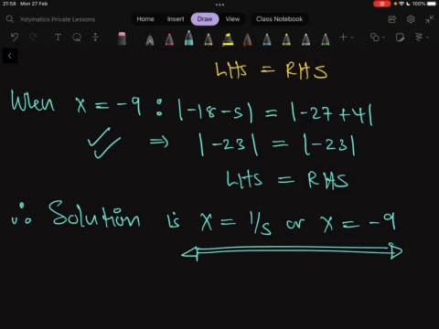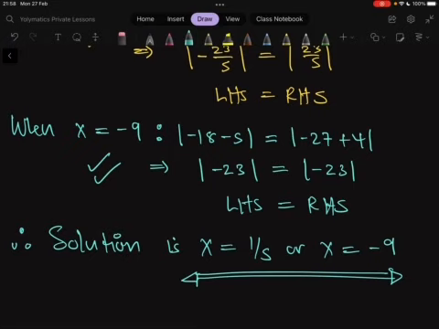So this is exactly how the squaring technique works when it comes to problem solving. In class, this is one of the techniques that is not normally demonstrated for solving these equations.